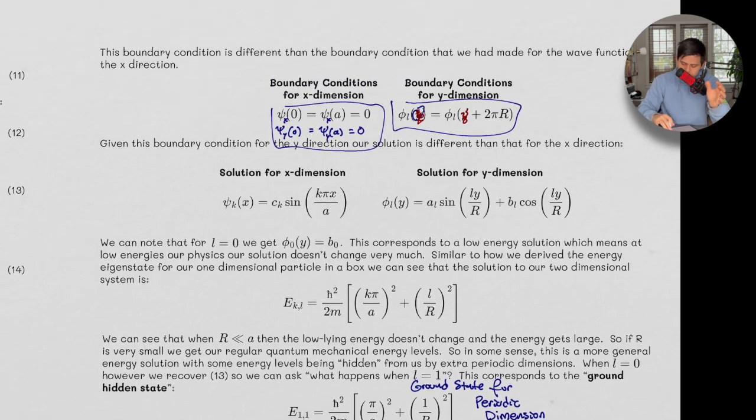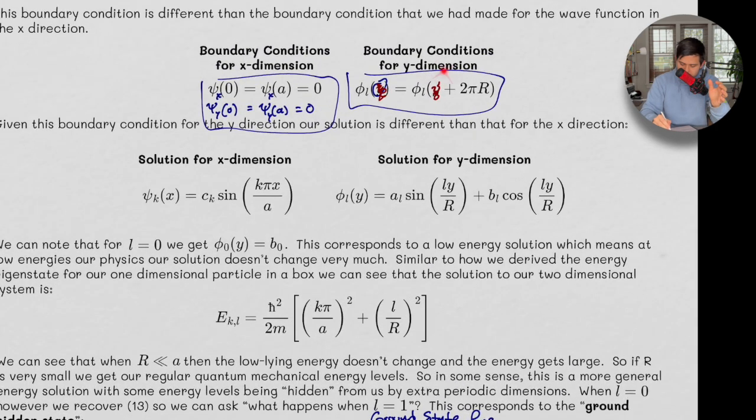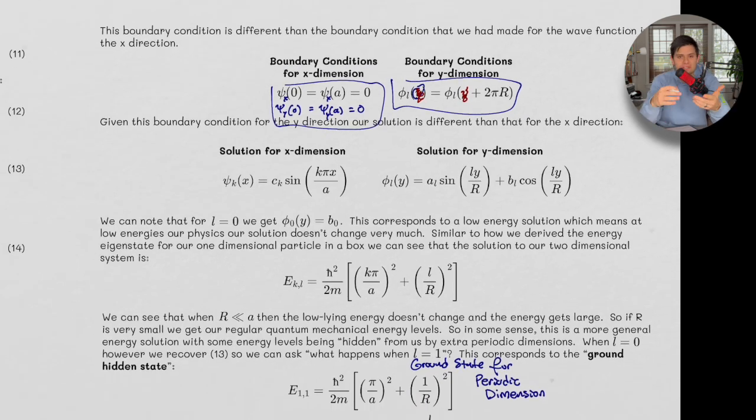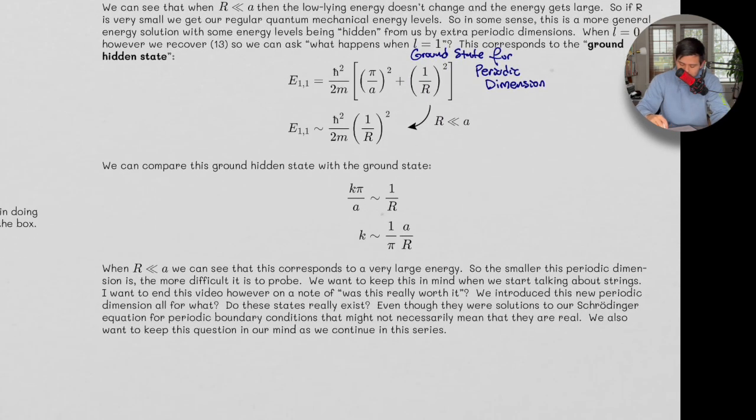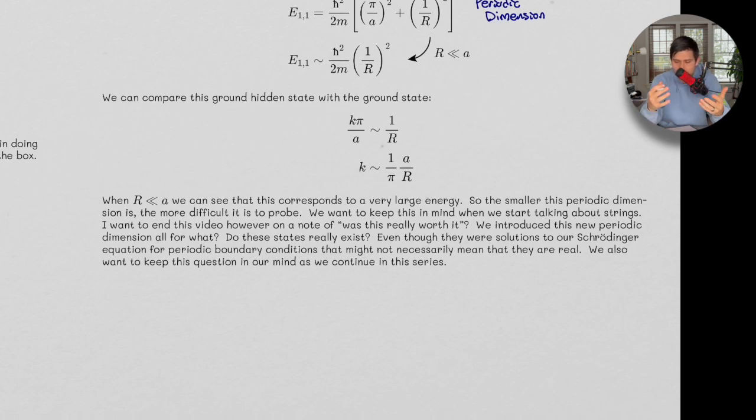When we propose these new boundary conditions, we can get solutions to our differential equation. But does a solution to our differential equation necessarily mean that it's real? Well, that's sort of a question for the philosophy of mathematics and physics.